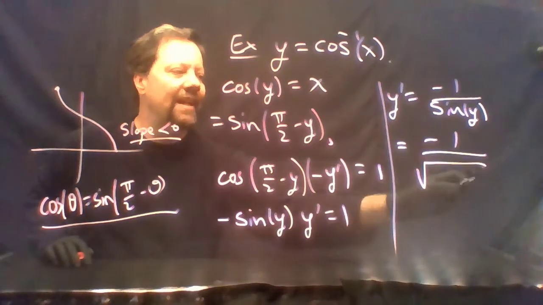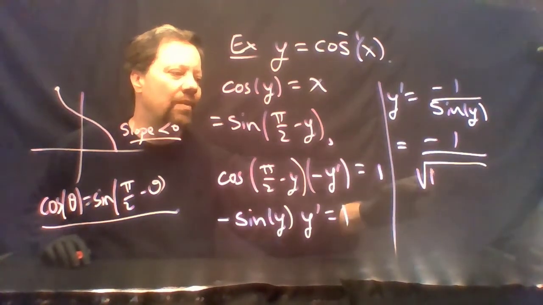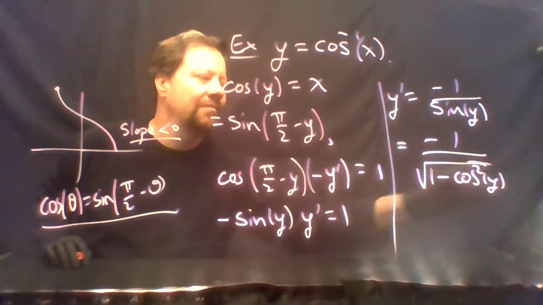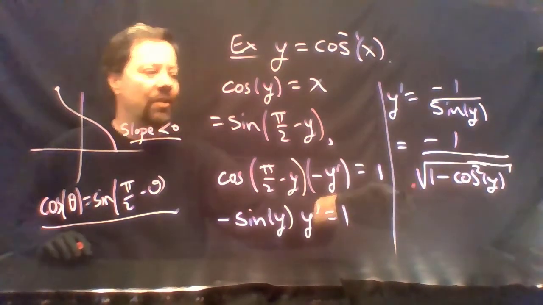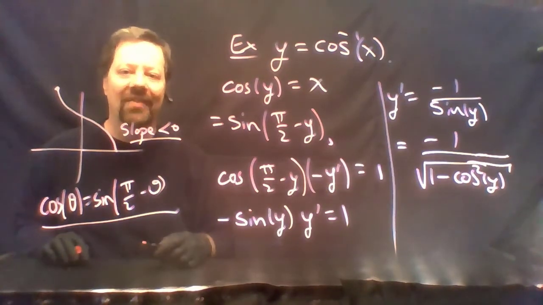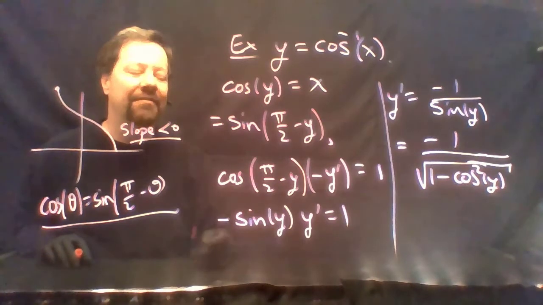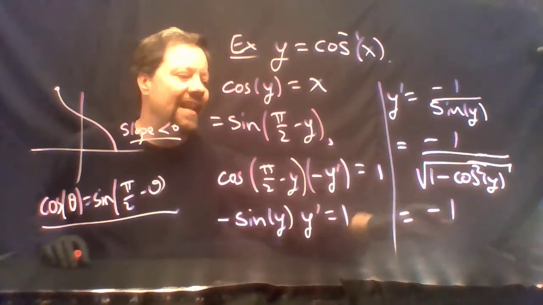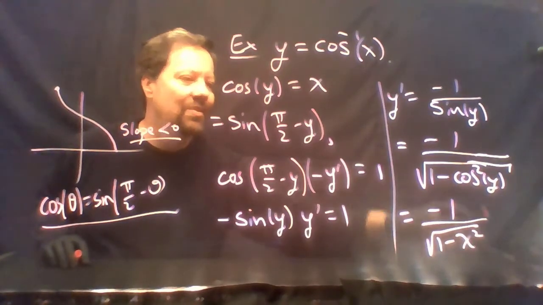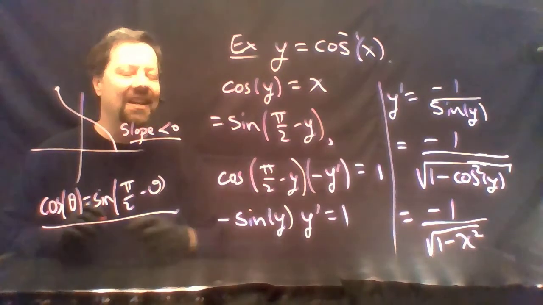So we're going to have negative 1 over the square root of 1 minus cosine squared of y. Using the positive square root and the negative sign ensures that the slope be negative. And this gives us negative 1 over the square root of 1 minus x squared, since cosine y is x.